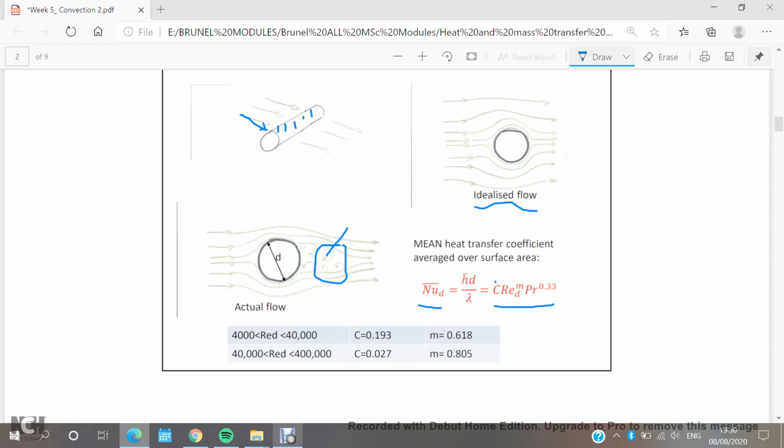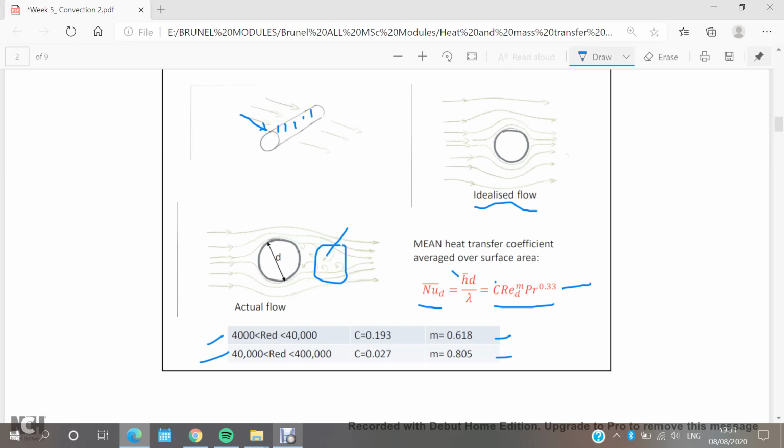C and m are given by these values with respect to the calculated Reynolds number. Remember that the Reynolds number in this case, and the Nusselt number as well, are given with respect to the diameter of the tube, as we see in this equation. So by knowing all of these parameters, I can get the average heat transfer coefficient, and from this I can calculate the heat transfer rate. Great.